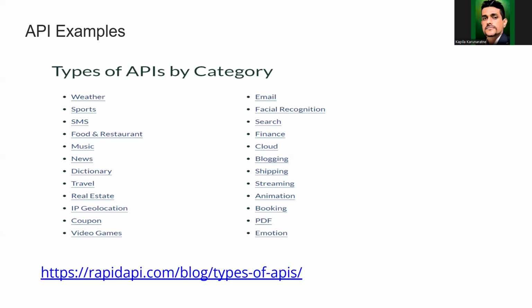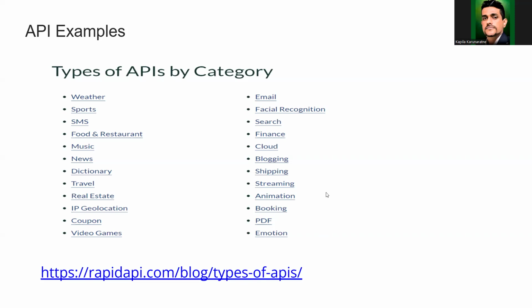There are also booking and reservations and finance. You can find all these APIs and use them. If you go to this link, you can find this set of APIs as well.